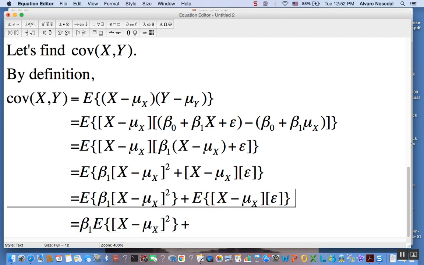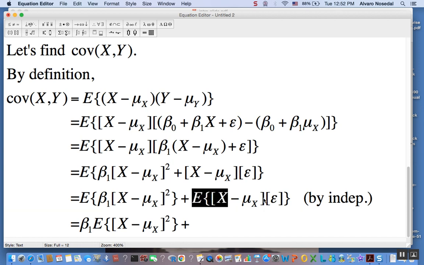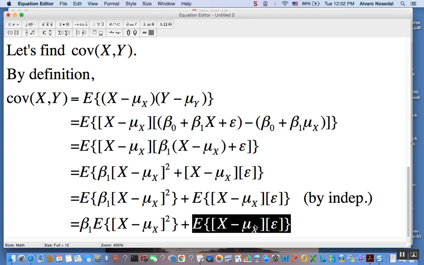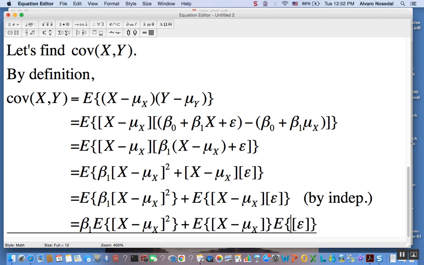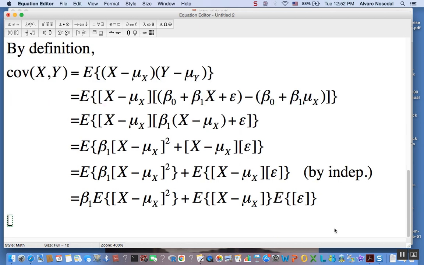So let me just point that out. By independence, the expected value of that product is the product of expected values.